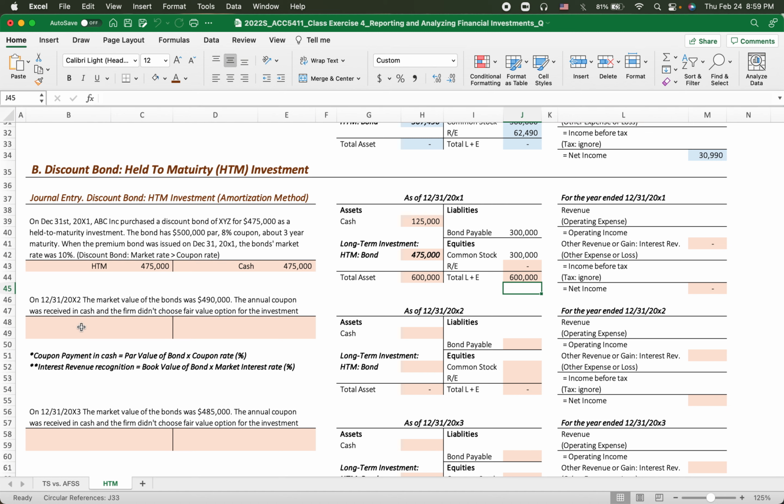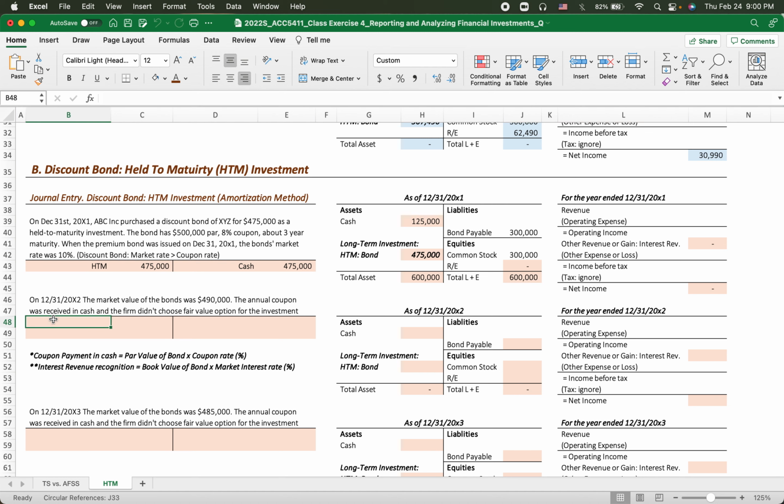Okay, then one year later, the market value of the bond is $490,000. Doesn't matter. We are not following the market value method under amortized cost. So again, we can expect that this $475,000 initial investment original cost will get closer to the $500,000 par value, right?